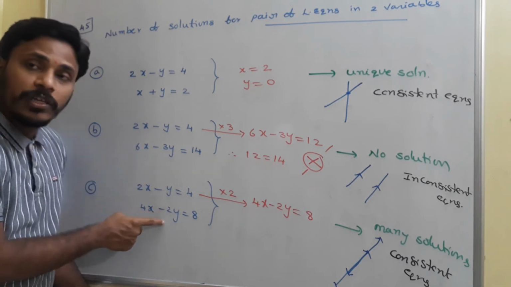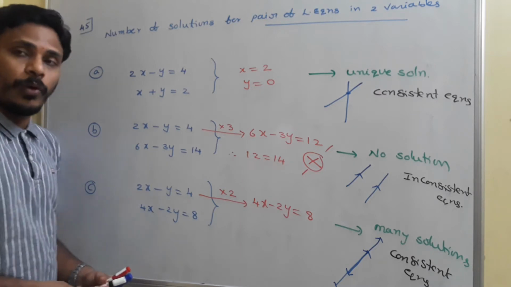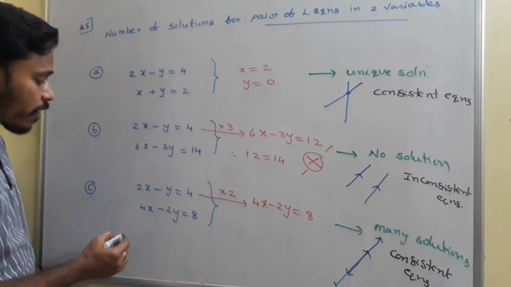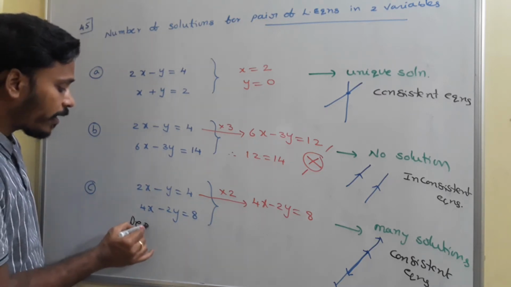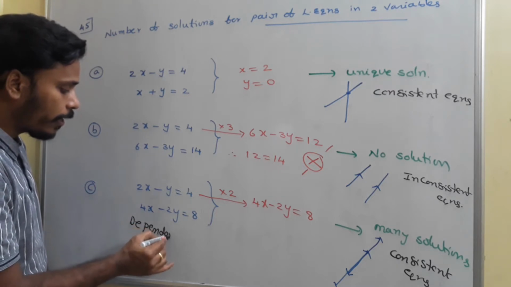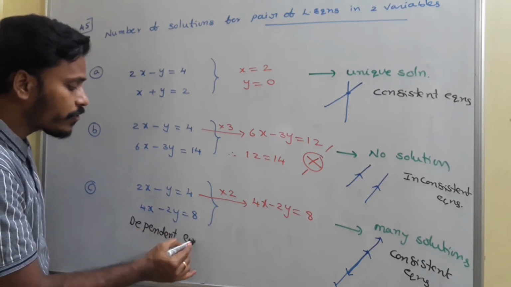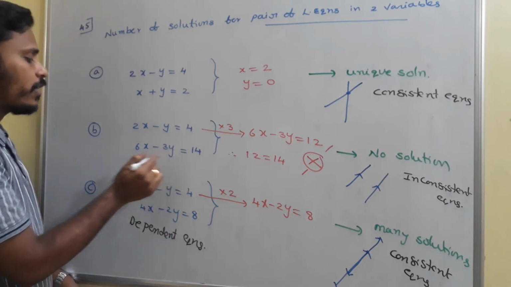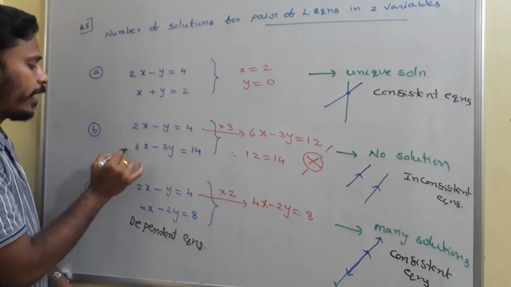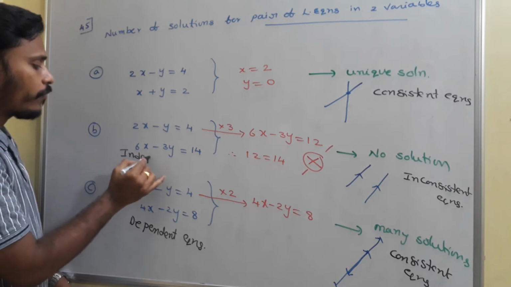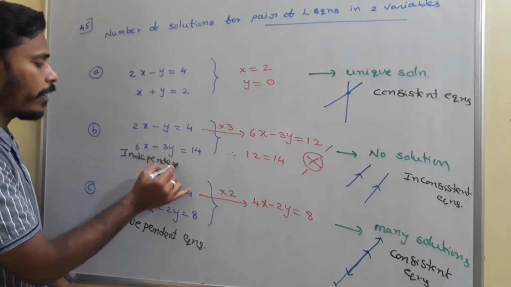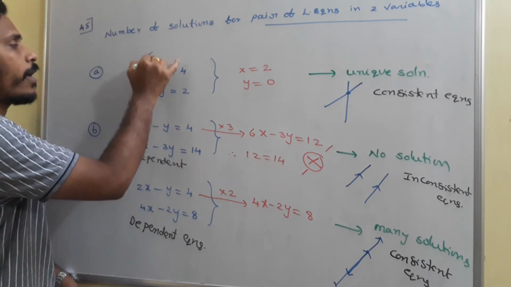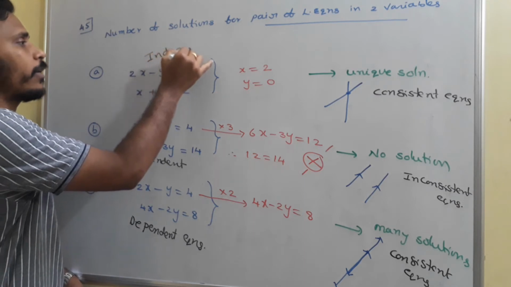Since the second equation depends on the first equation, these types of equations are also called dependent equations. And since these are dependent equations, automatically the other pair of linear equations are independent equations.